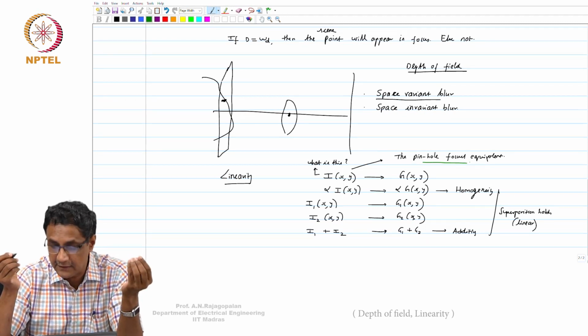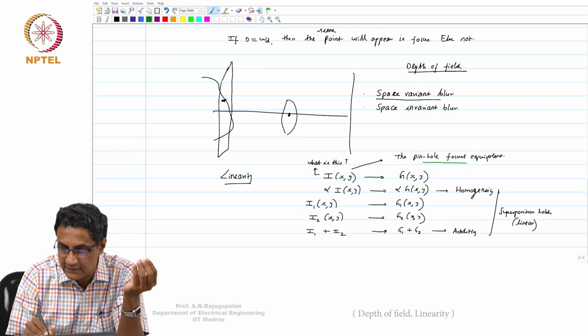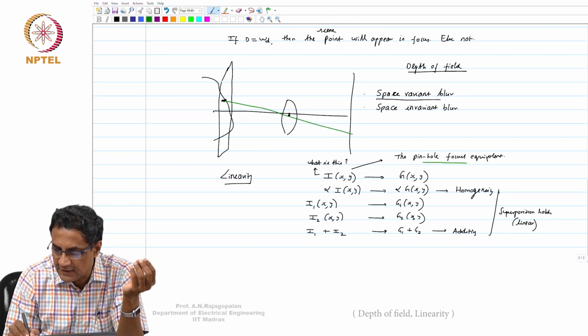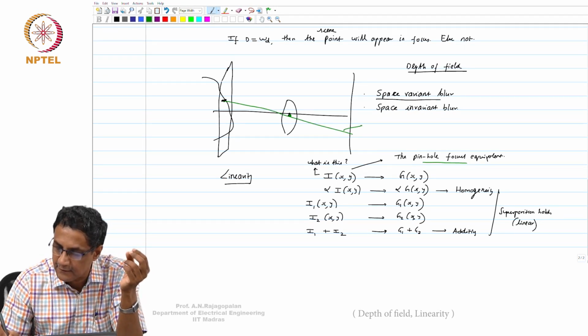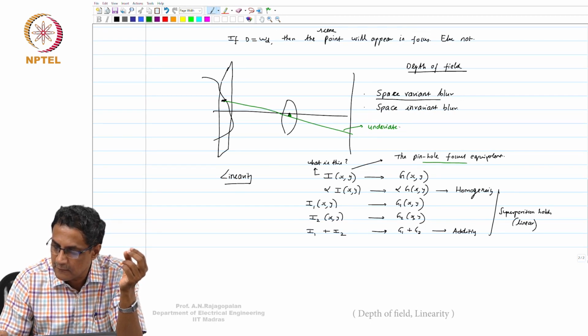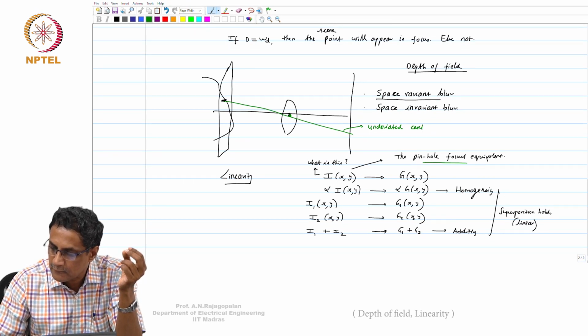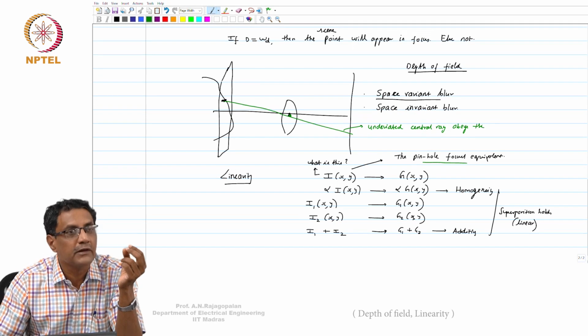The other thing that you have to capture is the fact that this central ray, which goes undeviated, obeys... what do you think it obeys?